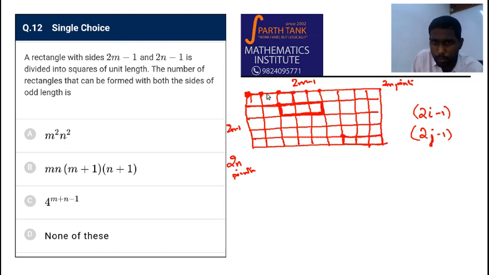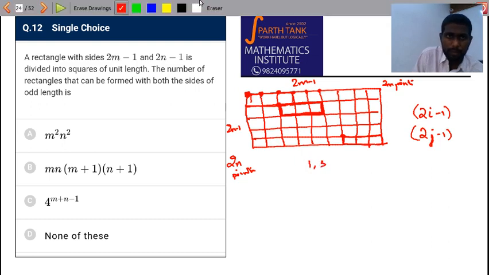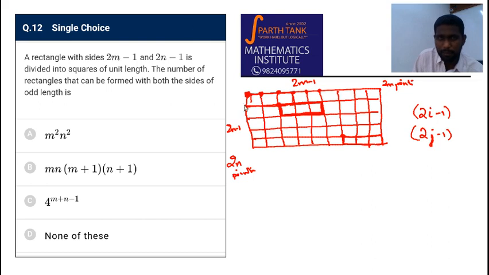So of these 2m points here, you drop the last 3 points and drop 1 point here. To get a rectangle of length 3 comma 1, there are 2m points. Of that you have to drop the last 3 points; you can't use these 3 points, you can only use till here, and of the 2n points you drop 1 point, that is, drop this point.